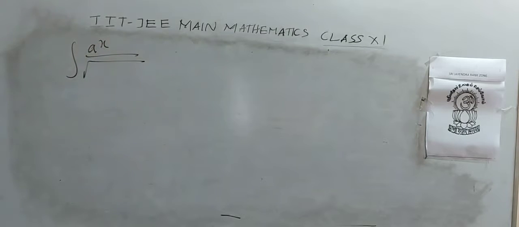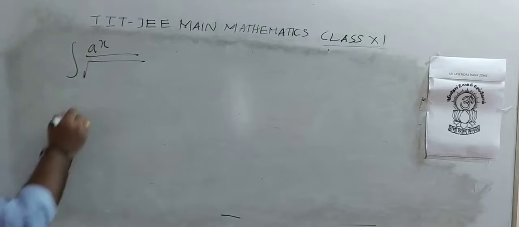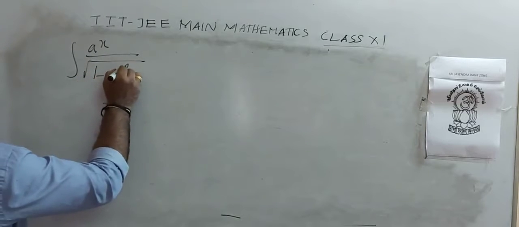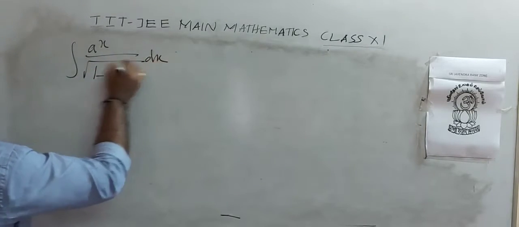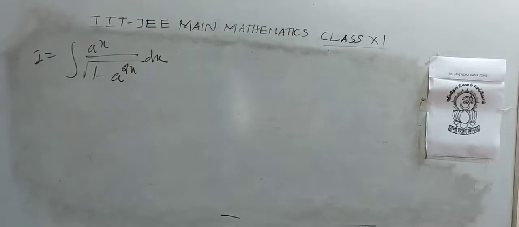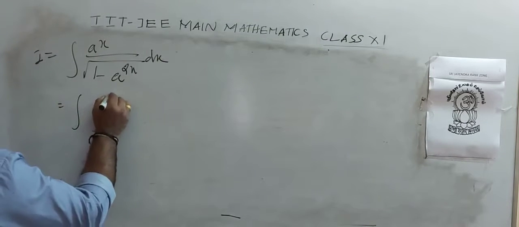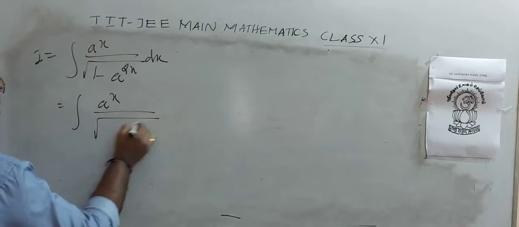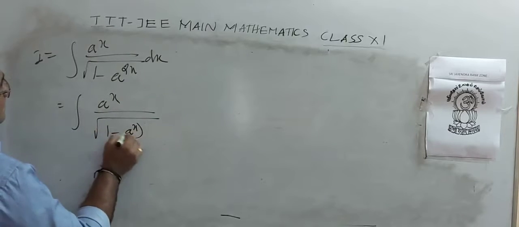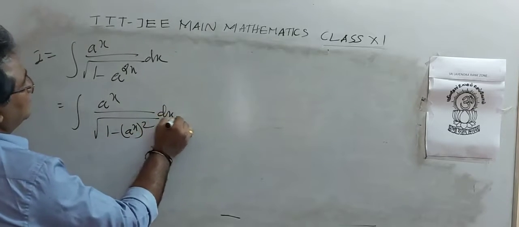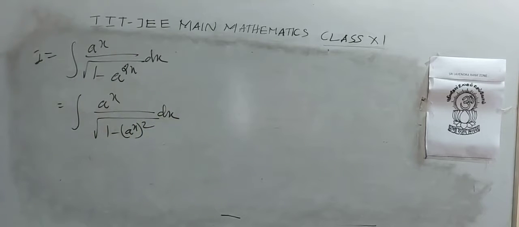Next, integral a power x by root of 1 minus a power 2x dx. So a power 2x can be written as a power x the whole squared.